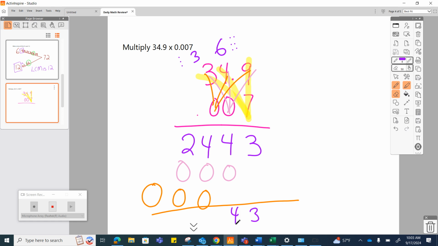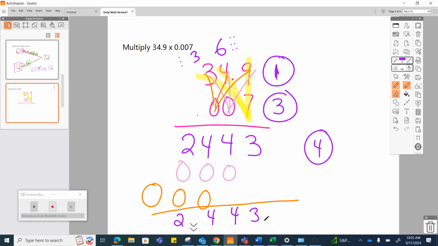but I need to know how many decimal places. So my original 34.9 had 1 digit in the decimal place. 0.007, which is 7 thousandths, has 3 digits. 1 plus 3 is 4. So if I start here, 1, 2, 3, 4.